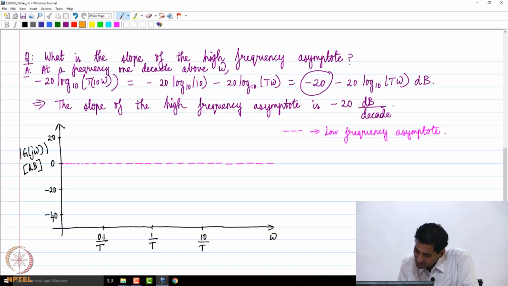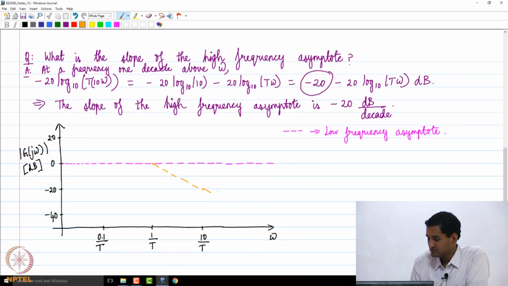What about the high frequency asymptote? It once again makes sense only after 1 by capital T. So, how do I draw it? At 1 by capital T the value is 0 decibels. At 10 by capital T it is going to be minus 20, so I plot minus 20. Essentially I draw a straight line which passes through these two points.